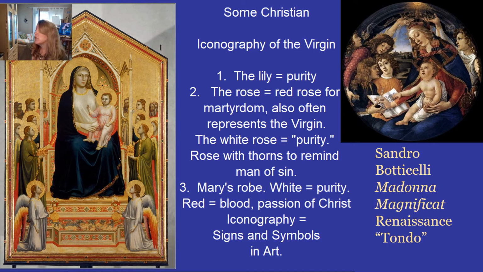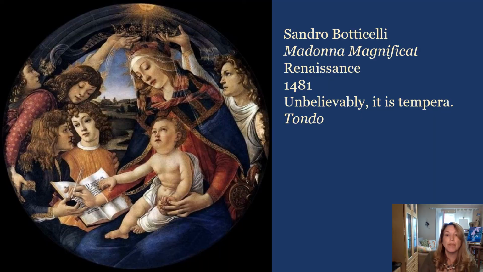So this is Sandro Botticelli's Madonna Magnificat. And the Magnificat is a particular passage that describes the Virgin, where she talks about her soul magnifying the Lord. So here you can see a detail of it, 1481.